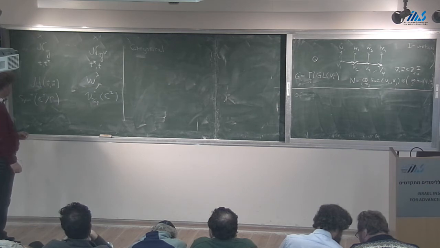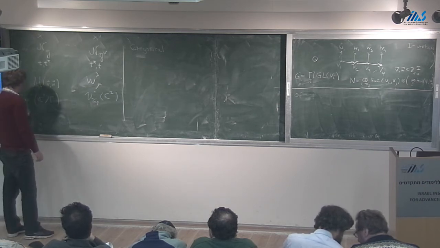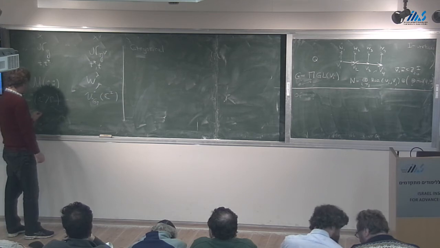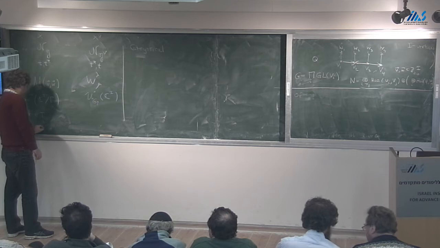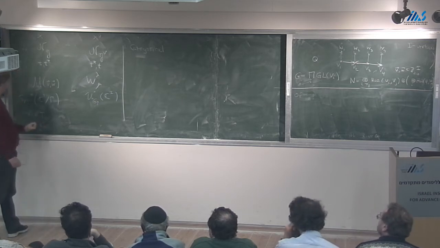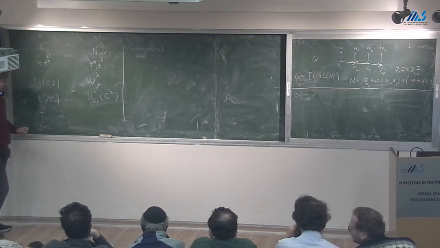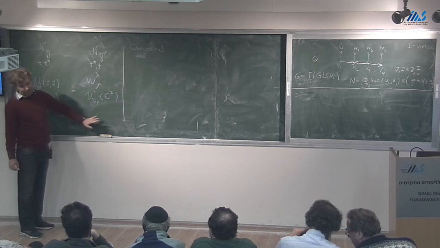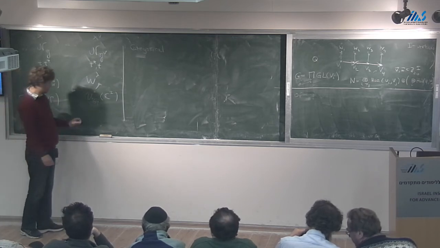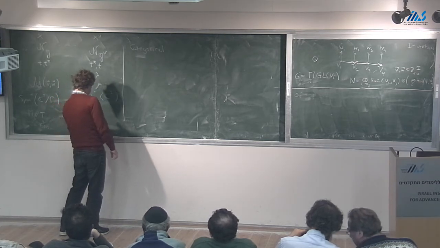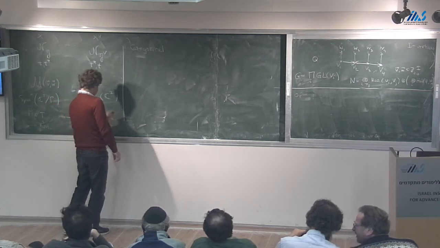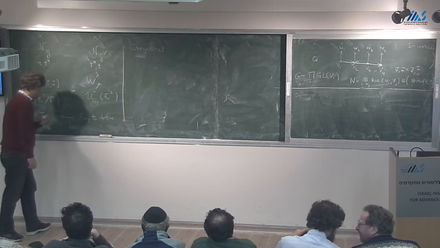These are called hypertoric varieties, and these are of the form symplectic reduction of some symplectic vector space with respect to T, which is a torus. And here, this thing is given by some combinatorial data. Let me not go into this now, but the dual is easy to define in this case.